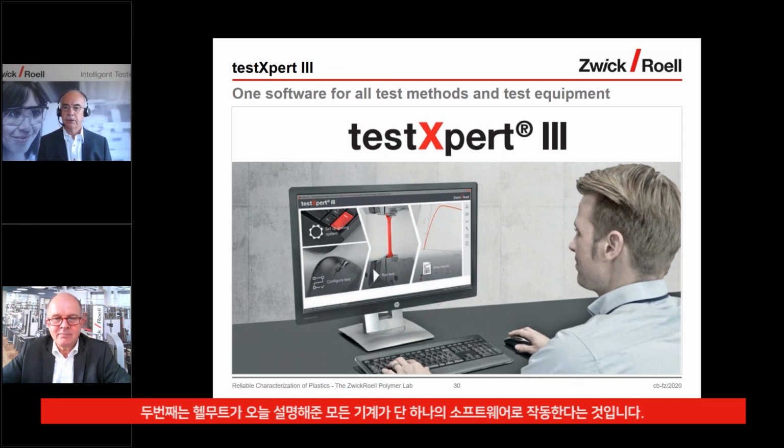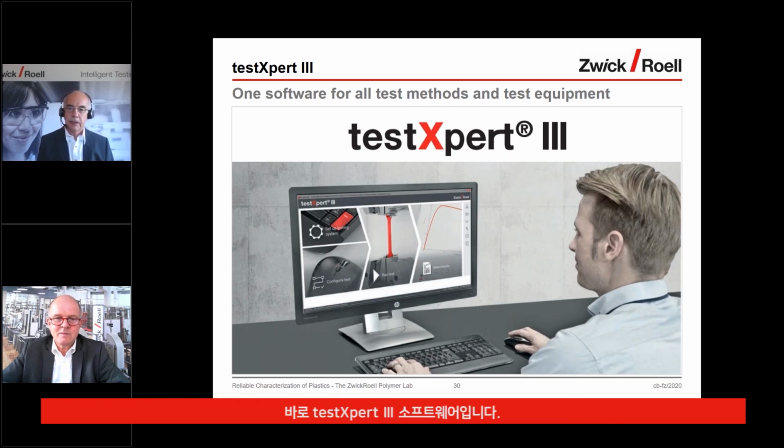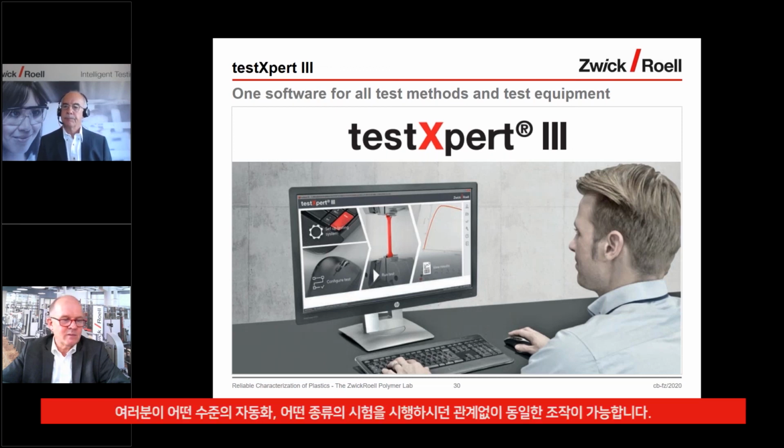Second point, which is important, is that all the machines you described and explained so well today, Helmut, are running on a single software. And I think it's important to say that this is the Test Expert 3 software platform. There are some advantages to that, which means it allows for the same operation, whichever test you're performing, whatever level of automation you're running at, you're always using Test Expert.